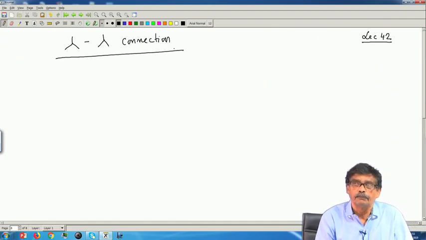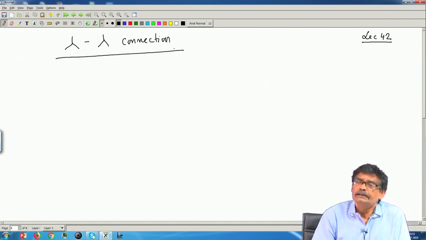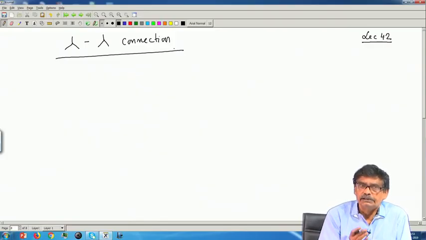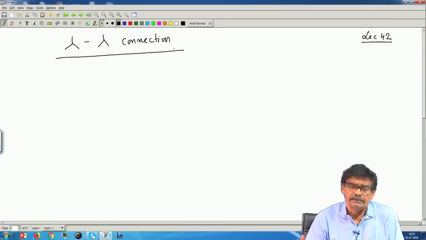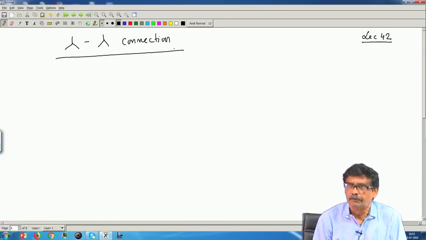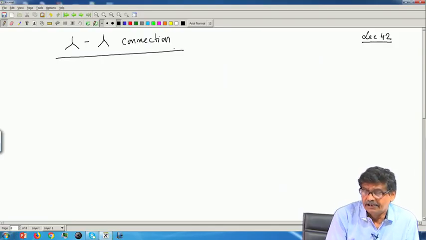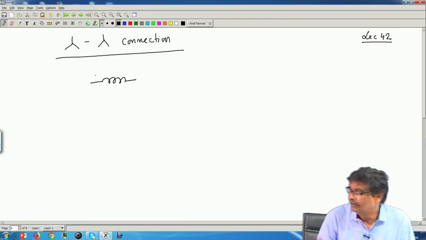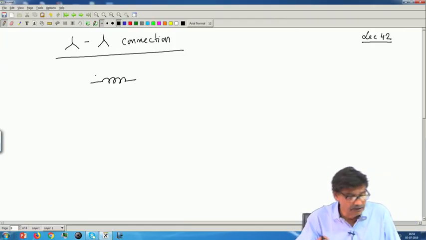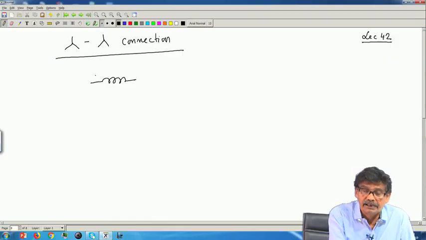This connection can be obtained by using 3 single phase transformers or a single 3-phase unit transformer. The connections are the same in both cases. I will simply draw it like this, presuming that whoever is connecting is connecting correctly.